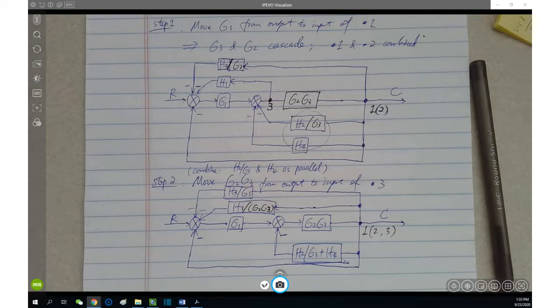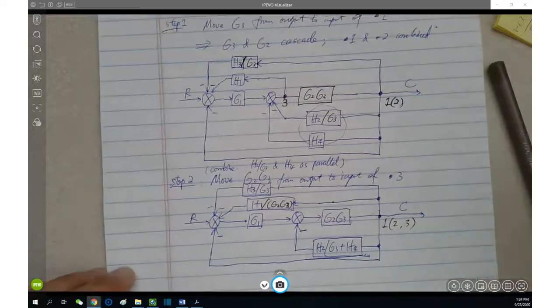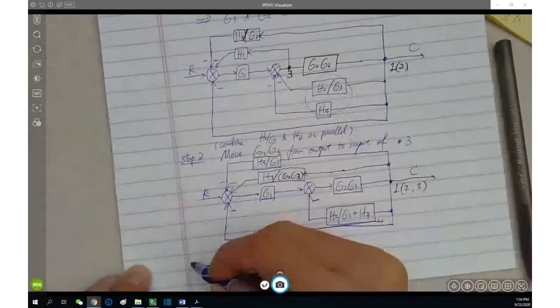Any questions regarding this move? Any thoughts? Any questions? All right, if this is clear, then what do you guys think? What do we have now?